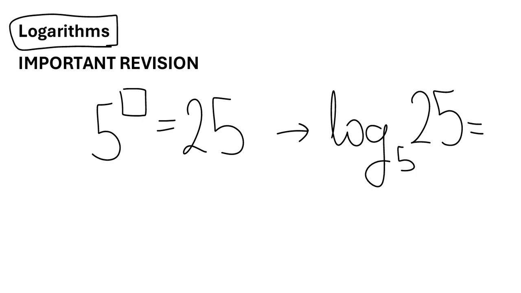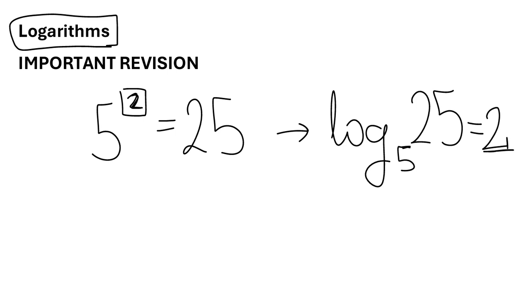Now, what is the answer to that? 5 to the power of what will give us 25? 5 to the power of 2, right? 5 times 5 is equal to 25. So that means logarithm of 25 for the base of 5 is equal to 2.